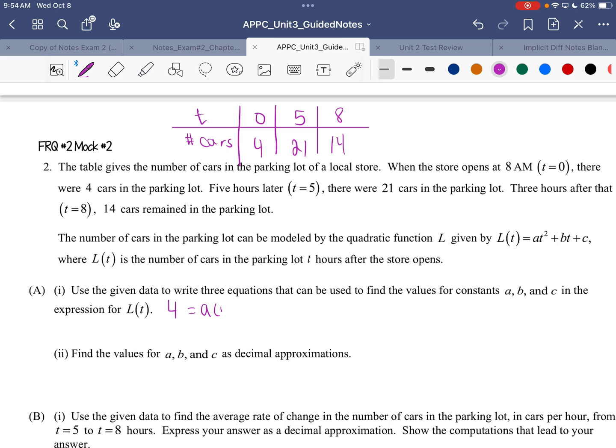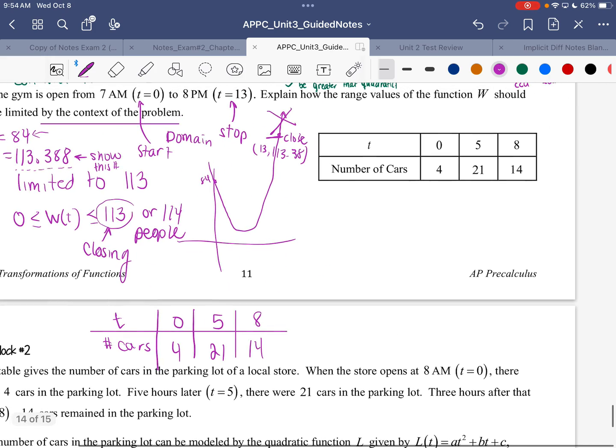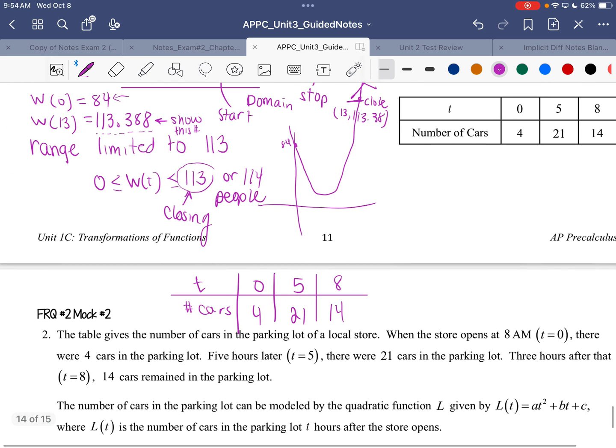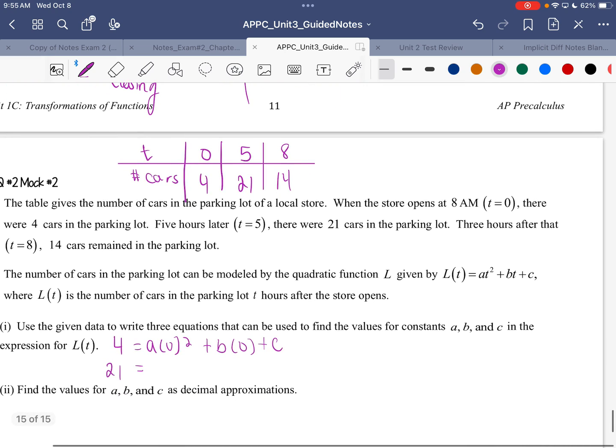Oh, it's the same. We're on the last page of the notes. The table got stuck on the last page. Is there a table?